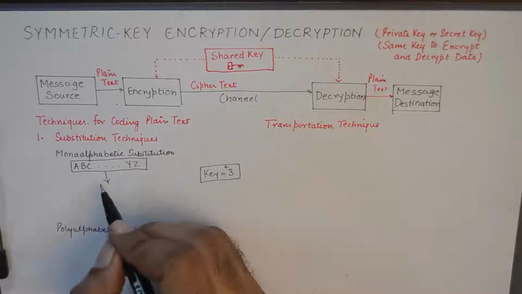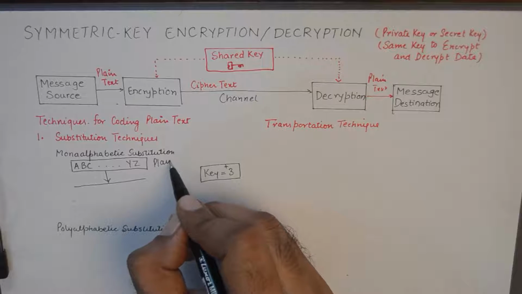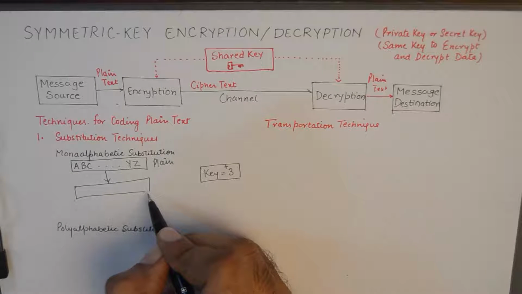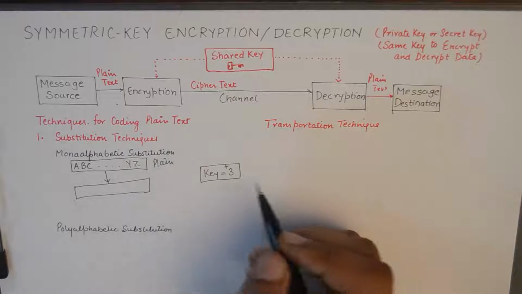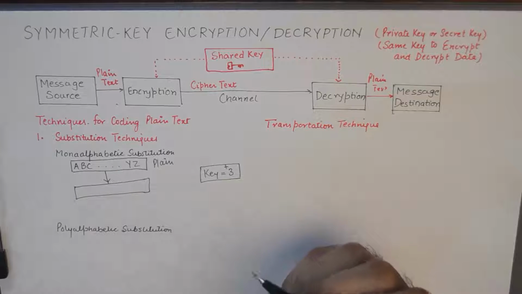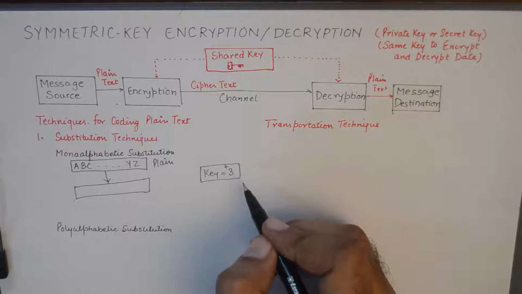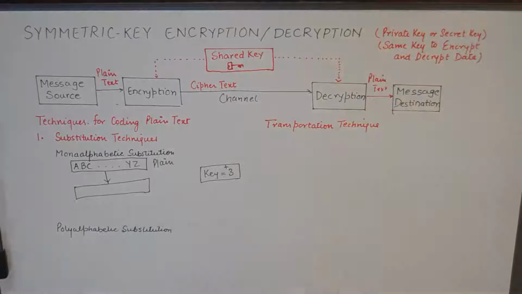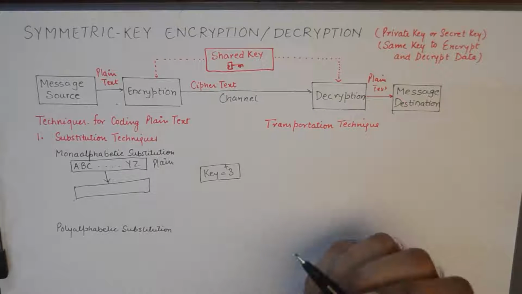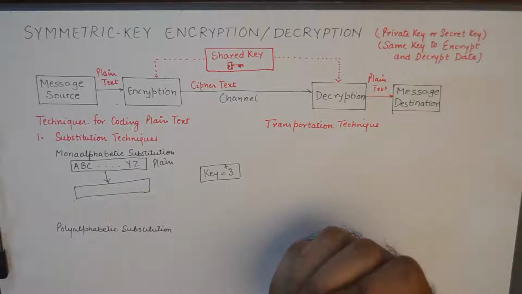Now this key is being used to encrypt this plain text into an encrypted text which will be shifted by 3 characters, because the key that we have decided upon would shift every alphabet by 3 positions or 3 characters.